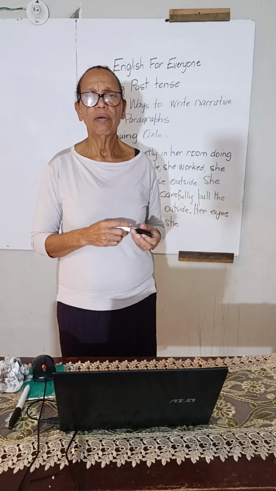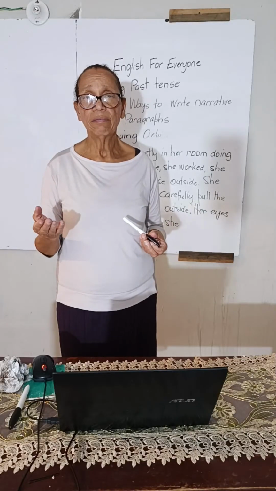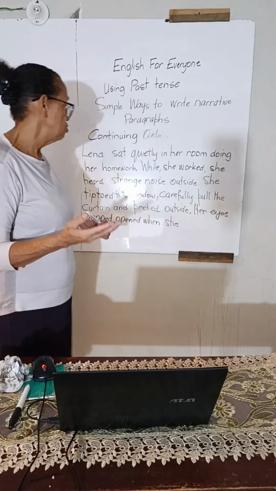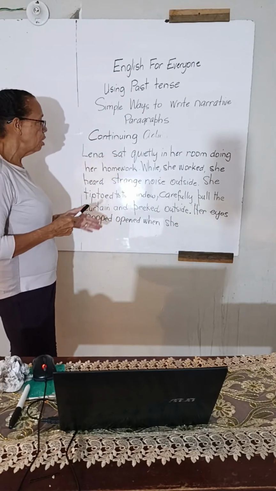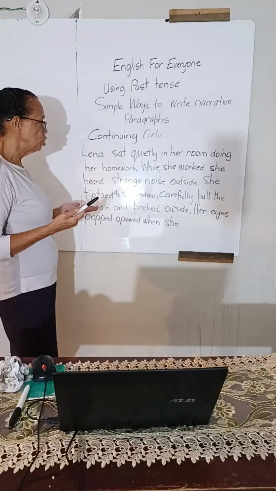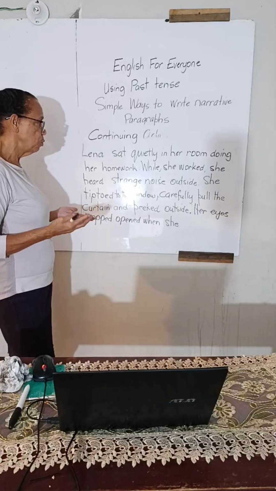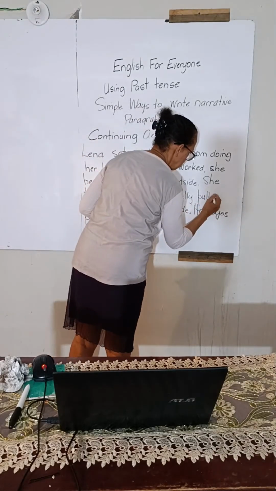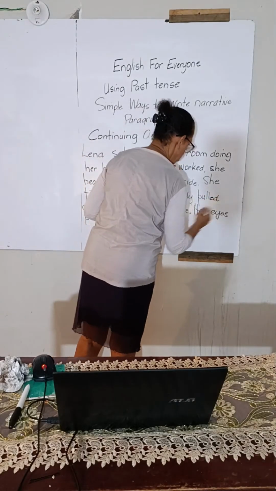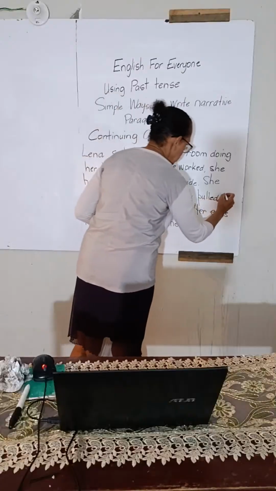She saw a strange man. Lena sat quiet in her room doing her homework. While she worked, she heard a strange noise outside. She tiptoed to the window. Carefully, she pulled the curtain.